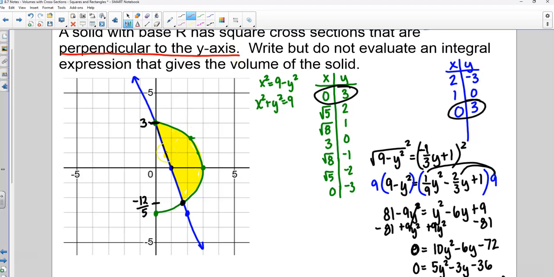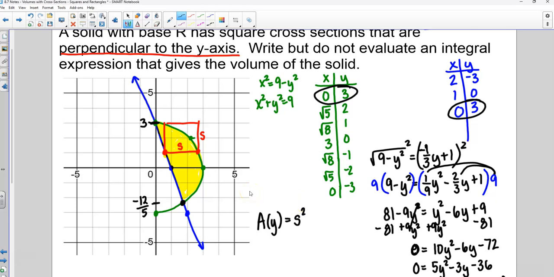Perpendicular to the y-axis means I'm taking a section that's horizontal, and I'm going to call it S. And then with that section, I'm going to build myself a square, and the height of that square is going to be S because it's square, right? So my area formula, A of y, is going to be S squared. Just starting with what we started with on those first two problems, the problems we did yesterday.